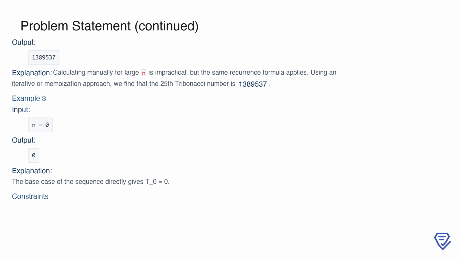By continuing this pattern, we find that the 25th Tribonacci number, t_25, equals 1,389,537. This demonstrates how the sequence grows rapidly as we calculate higher terms.